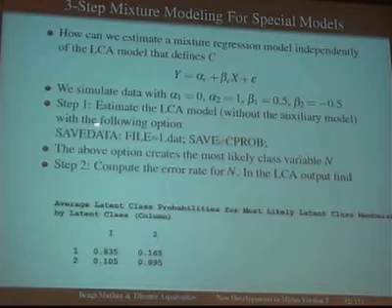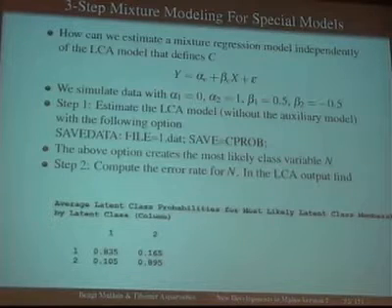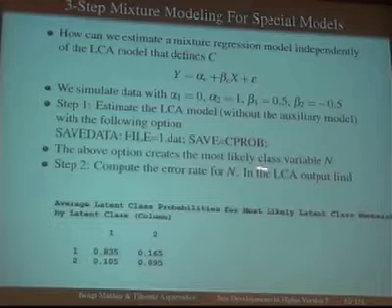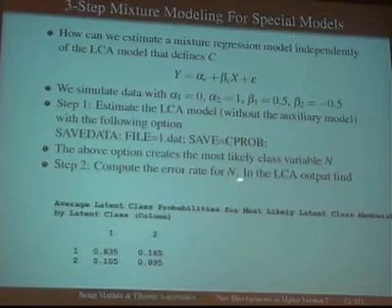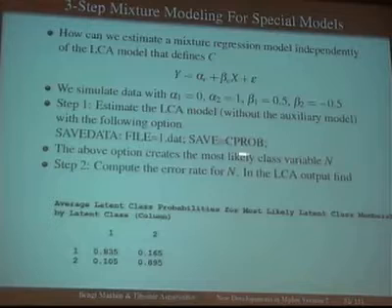This command automatically creates that variable. This was actually not something we implemented in version 7. It existed basically since version 1. It was always there; we just didn't know that you could utilize it that way. So this is step 1. You estimate the LCA model and save the most likely class variable. That's step 1.